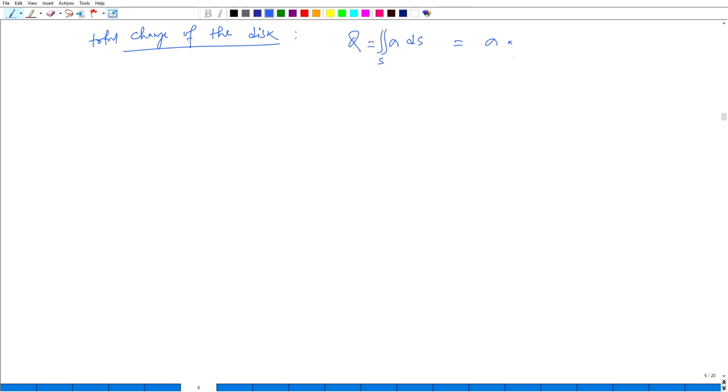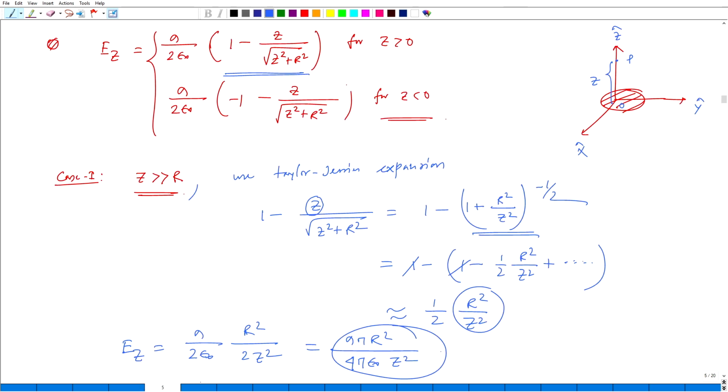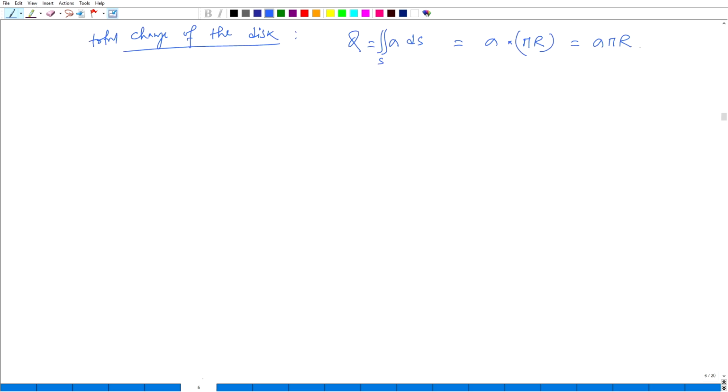The surface area of the disc, pi r square. So, this is sigma times pi r square.